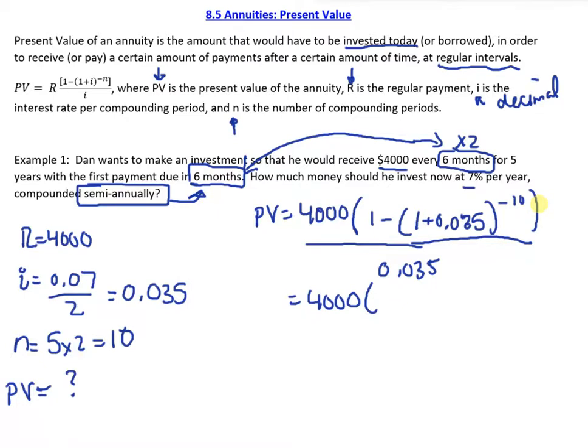This is where a lot of students make a mistake. It's 1 minus this. It's not this minus 1, because 1 has a positive sign on it, and this actually has a negative sign on it. So it's going to be 1 minus 0.7089188.